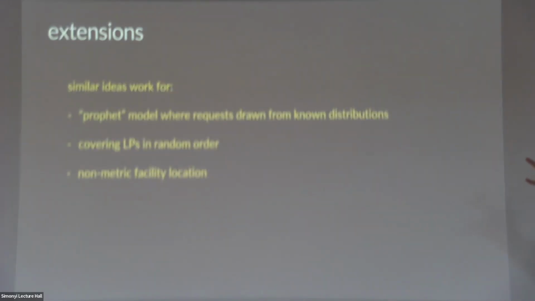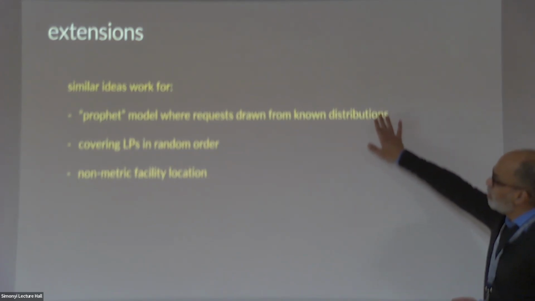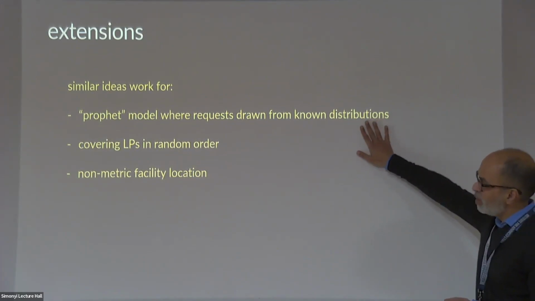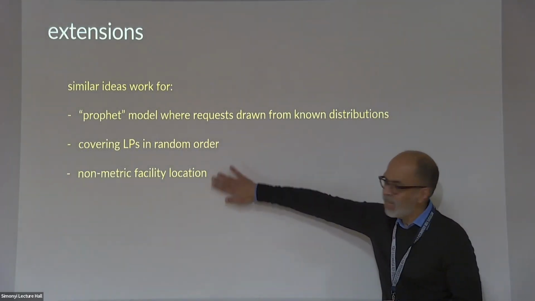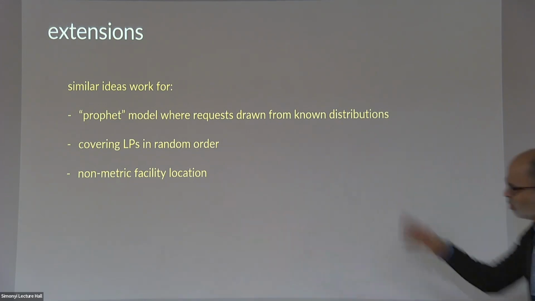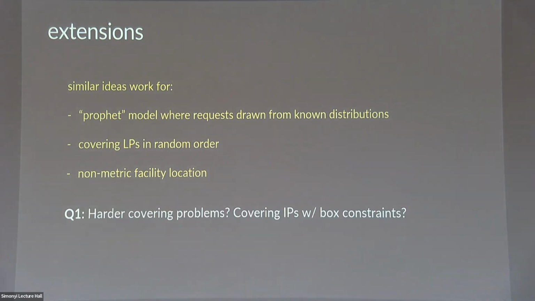This learn-or-cover idea works for other extensions of set cover, other covering problems, and some facility location problems, not important. I would like to extend this to harder covering problems, like covering integer programs with box constraints.